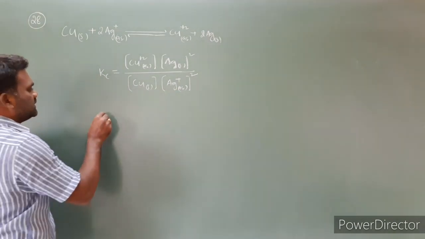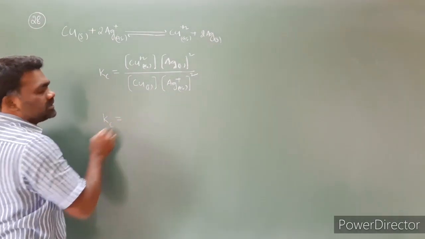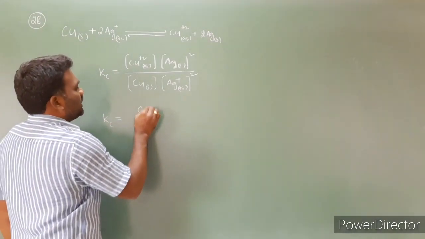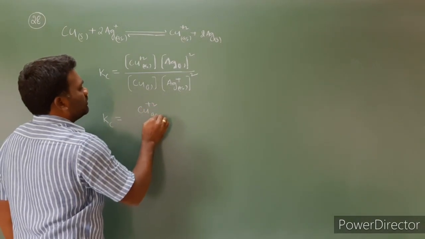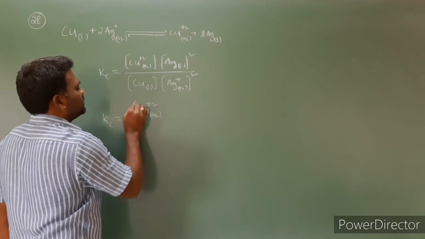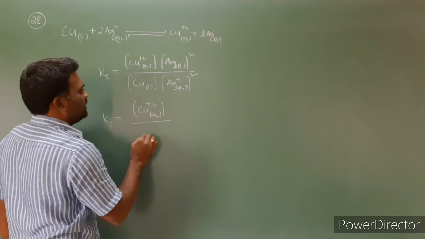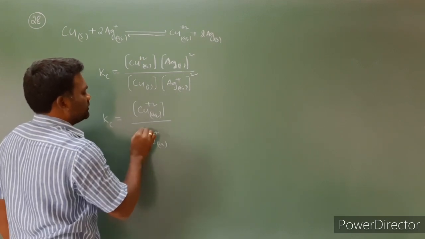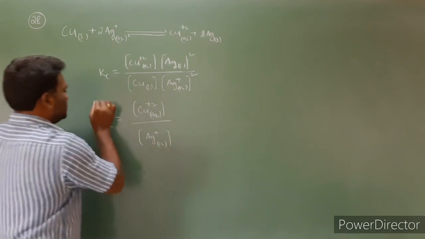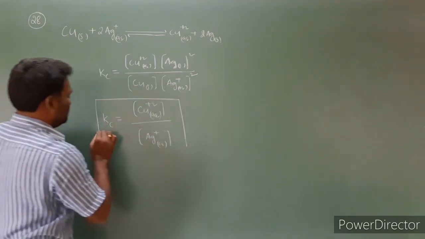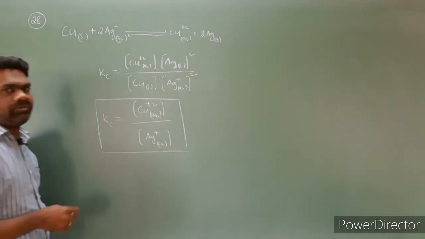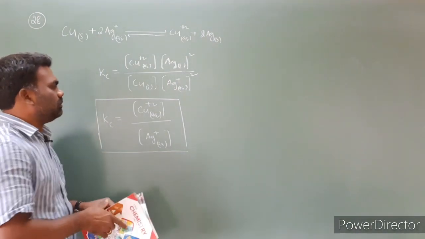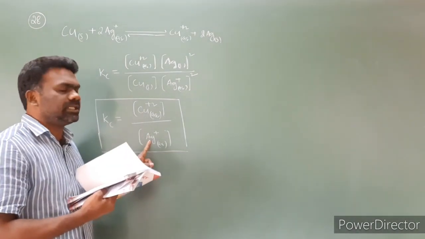Then the equilibrium constant Kc is equal to Cu²⁺ aqueous concentration divided by Ag⁺ aqueous concentration squared. So this is the Kc for this given equation.